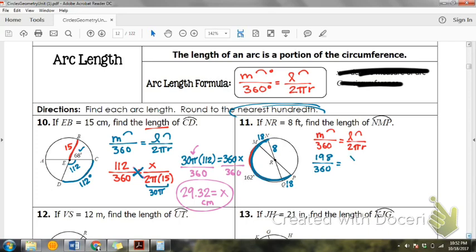We don't know the length, that's what we're trying to find, so I'm going to just put an x. 2 pi, and then our radius is 8. Okay, so again we want to go ahead and simplify. 2 times 8 gives me 16 pi. So when we cross multiply, I have 16 pi times 198 equals 360x.